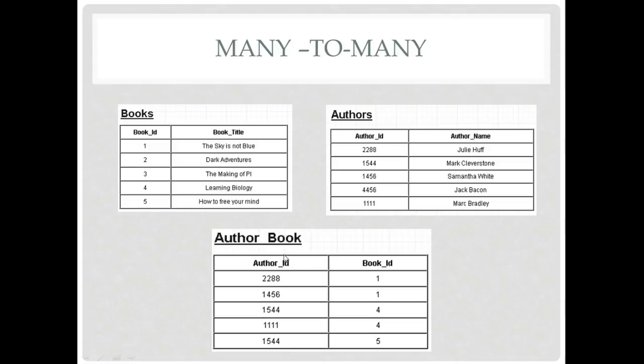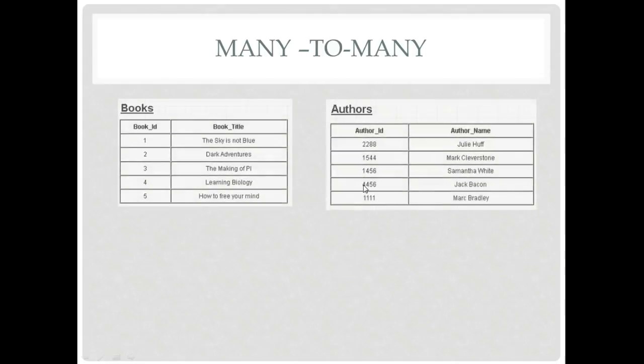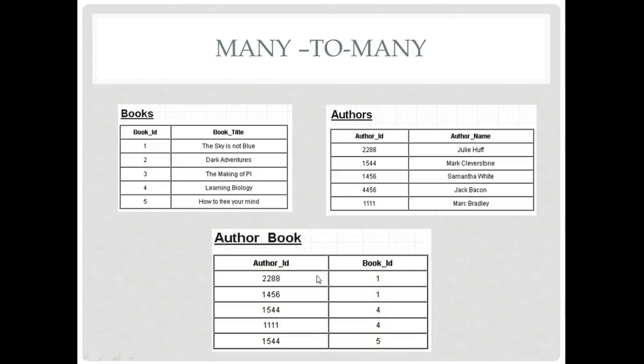All right, so as you can see here in this author book, we have author ID and book ID. So in order to explain what we had in the previous slide, many books can have many authors, this is what we would do. So many books can have many authors.